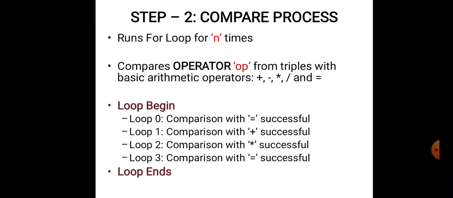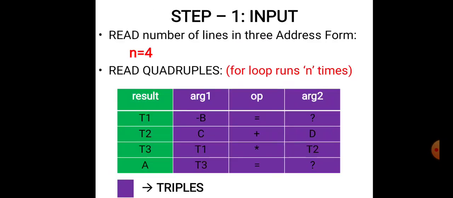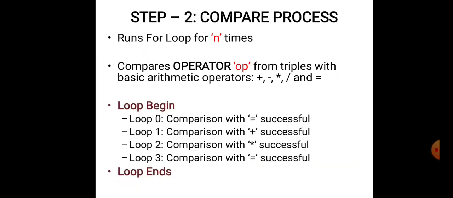So when the loop begins, for this sample example, for loop 0, the comparison with equal to will be successful, because in the first sub expression our operator is equal to. In the second expression we have plus. So in the first loop, equal to is successful.